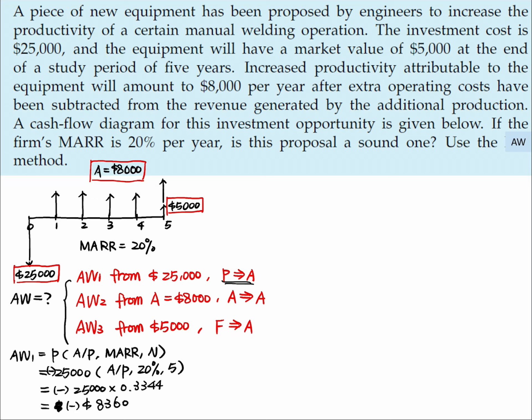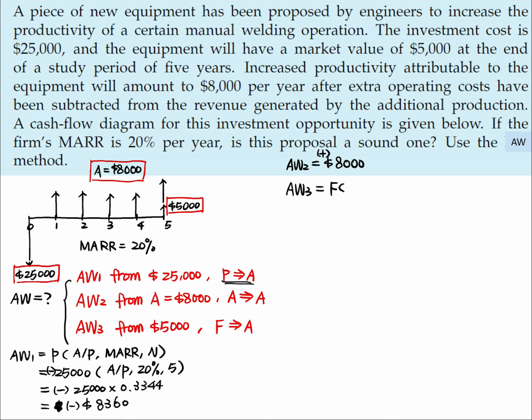So if you convert the present 25,000 to every year, that's going to be 8,360 every year, and it's negative. That's your expenditure. And AW2 is already an annuity, so it is positive 8,000. You don't have to convert.